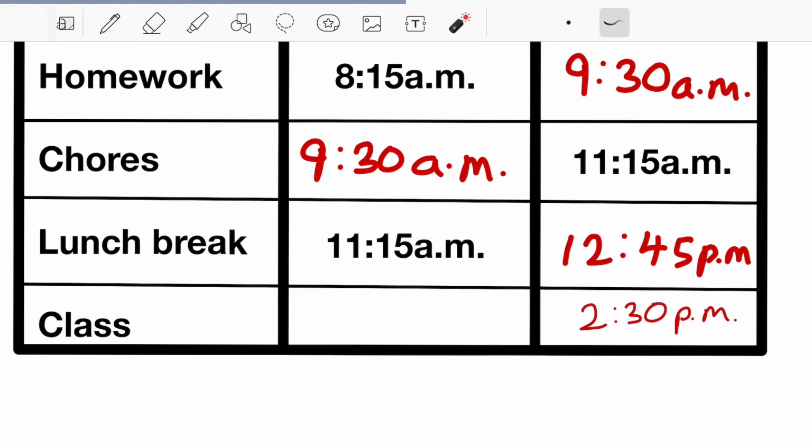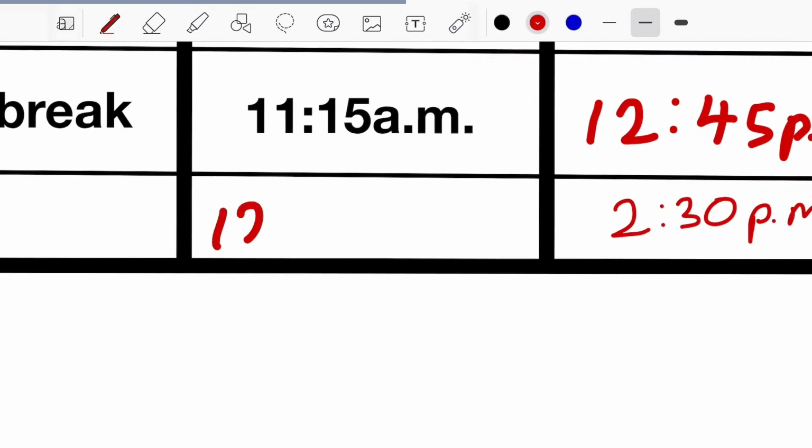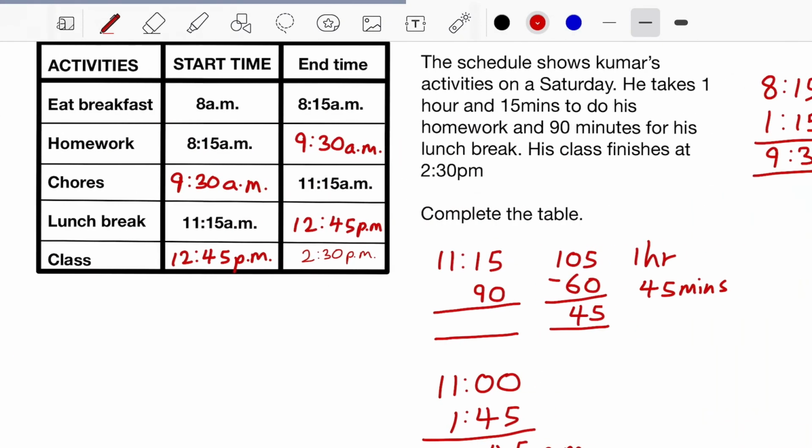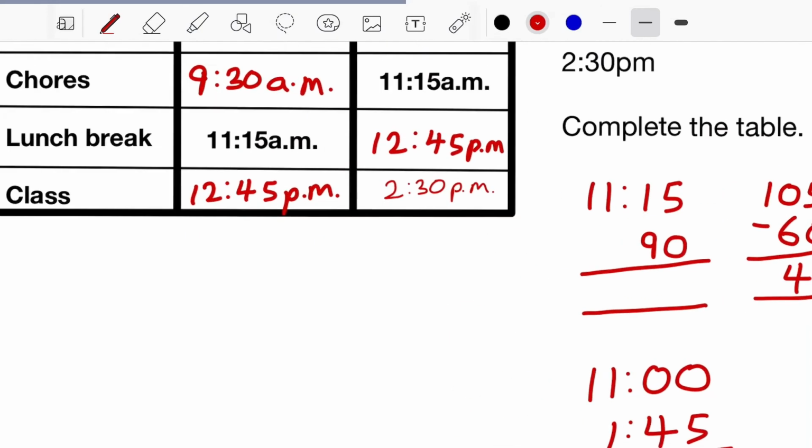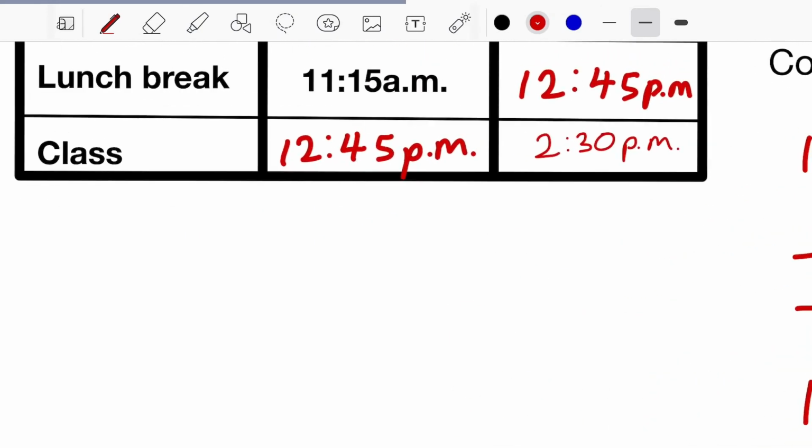So if the lunch break finishes at 12:45, then the class starts at 12:45. I believe what I meant to put here is how long was the class. So let's solve that. How long was the class? So 12:45 p.m. to 2:30 p.m.